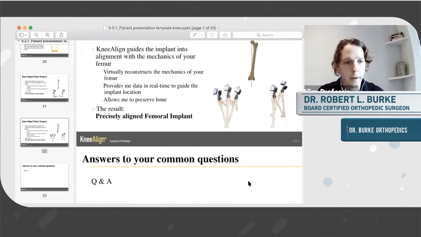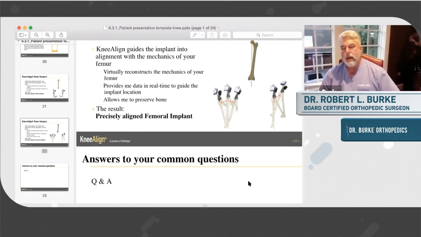Can you comment on how higher weights and BMI can play a factor in whether or not someone might be a good candidate for this procedure? The higher weight BMI patients, there is a potential increase of loosening of the prosthesis because of the joint reaction force due to the patient's weight.